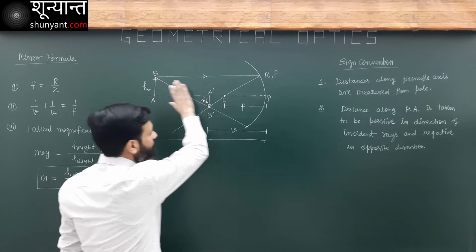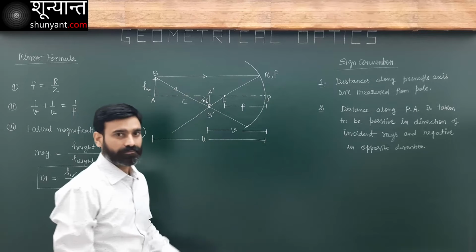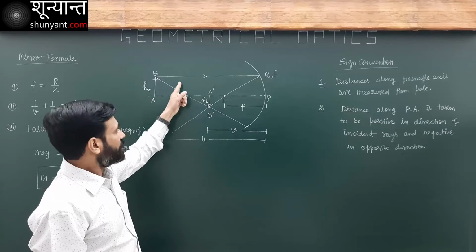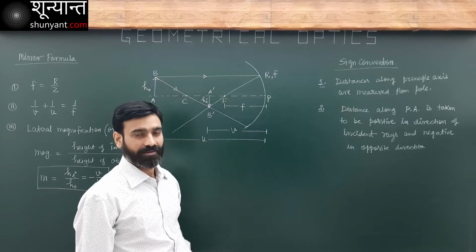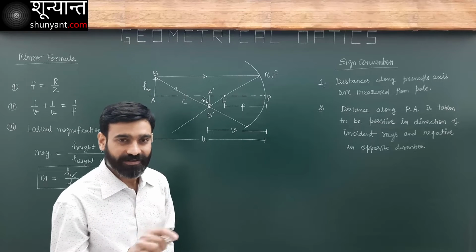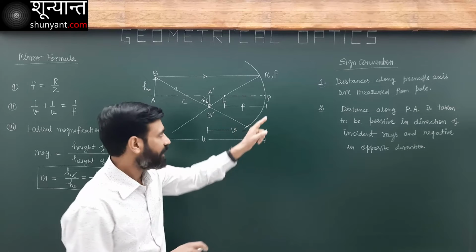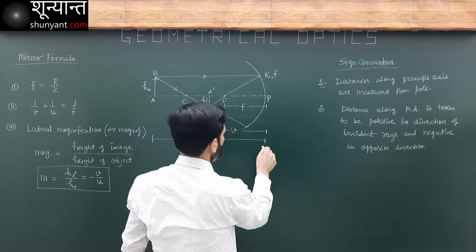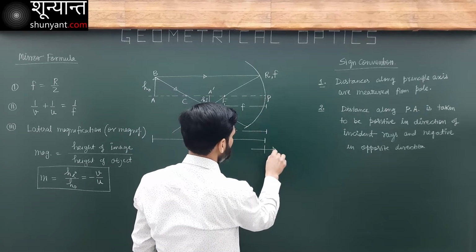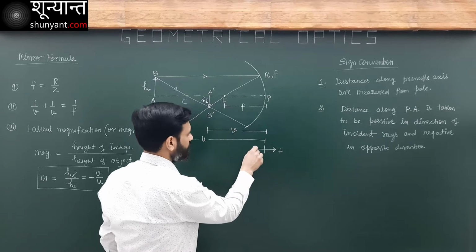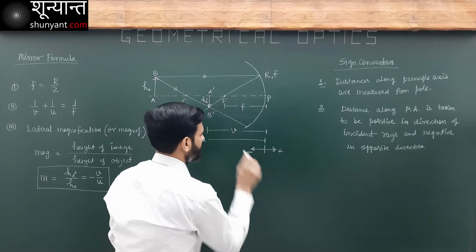Incident rays are going towards the right. So all the distances along the principal axis to the right of the pole will be taken as positive, and to the left of the pole will be taken as negative.